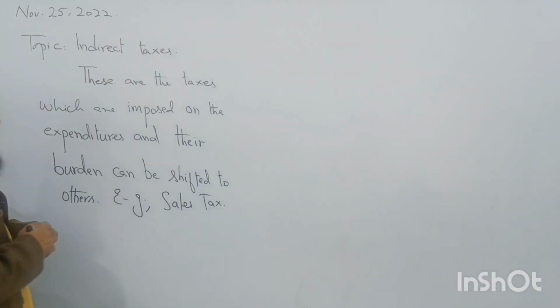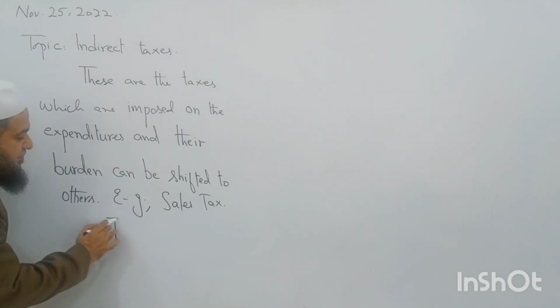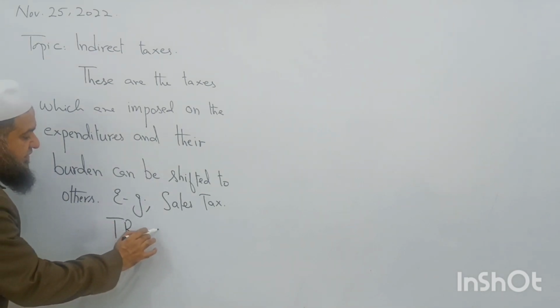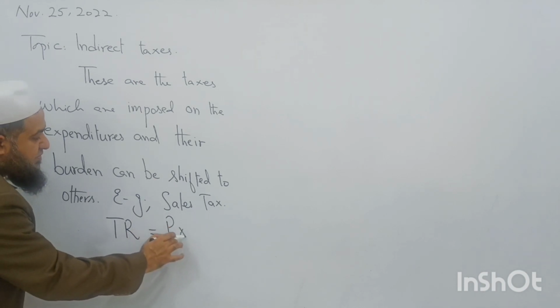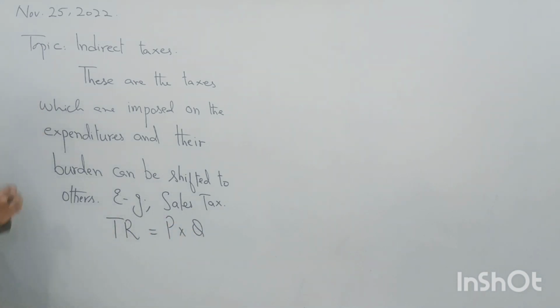This is the definition. And we all know what is meant by total revenue. Do you know what is total revenue? That is price multiplied by quantity sold. We studied in our previous topic, total revenue means this is the amount of money received by the seller after the sale of the product.